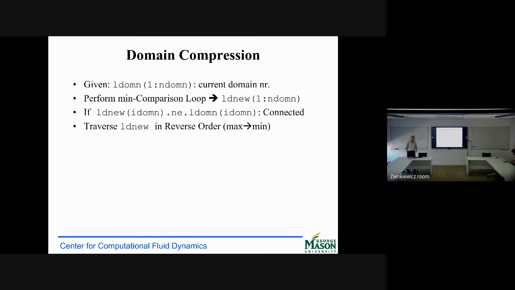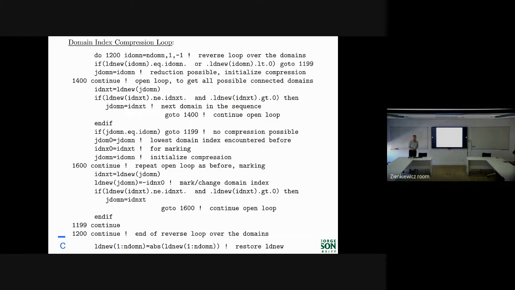Given the current domain number, we can perform a min comparison in parallel. If the new domain is not equal to the old domain, then we know it's connected. And so we just shrink the number of domains recursively. In order to do this well, you have to traverse this from max to min, and you end up with a loop that is something like this.